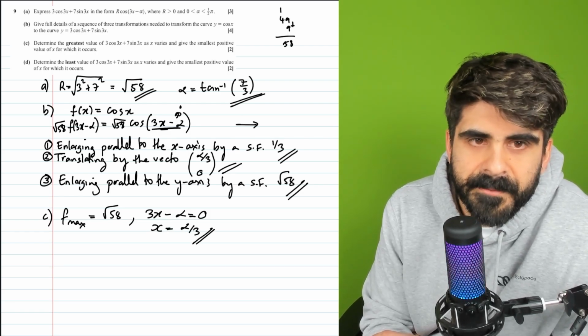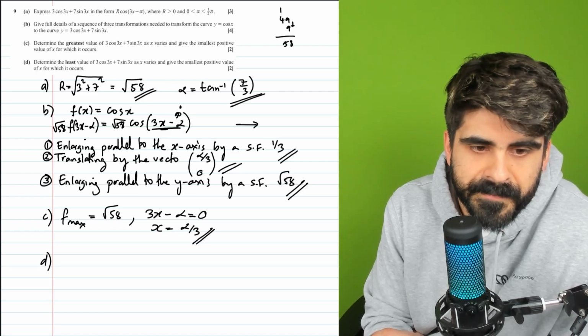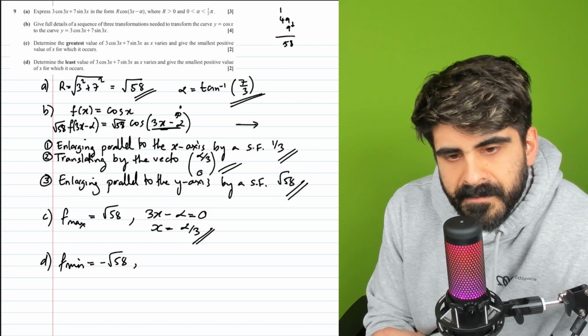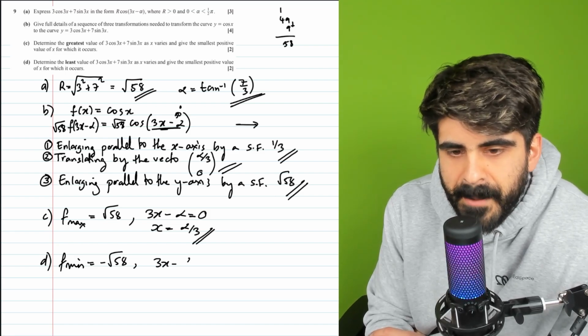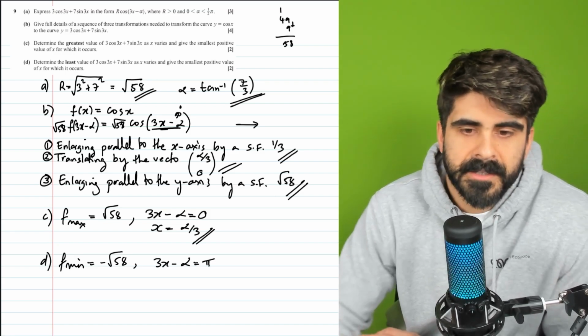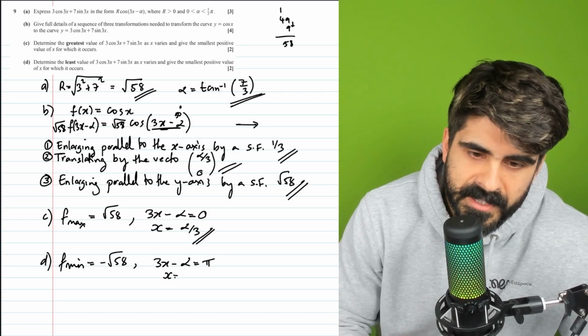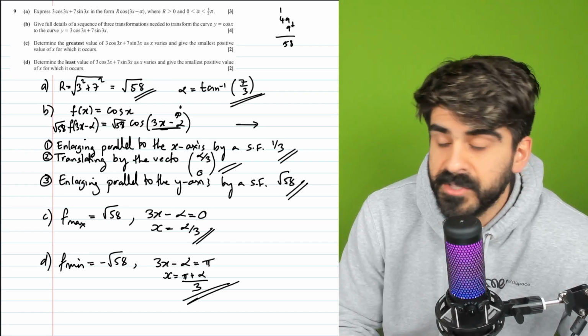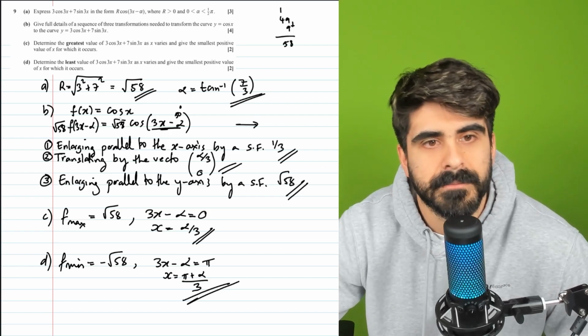And in terms of the minimums, that is at minus root 58, and this occurs when the cos graph is at pi. So we have x is pi plus alpha/3. Now, I might lose some accuracy marks here, but the game is the game, bro.